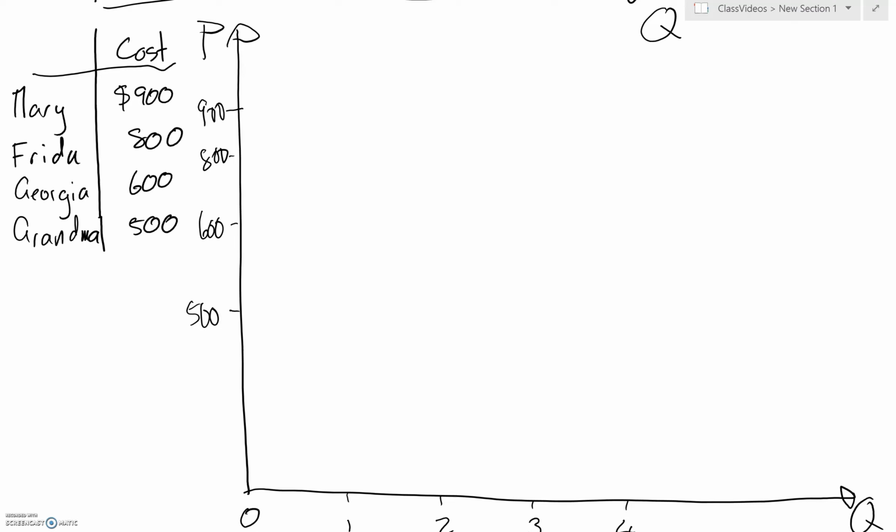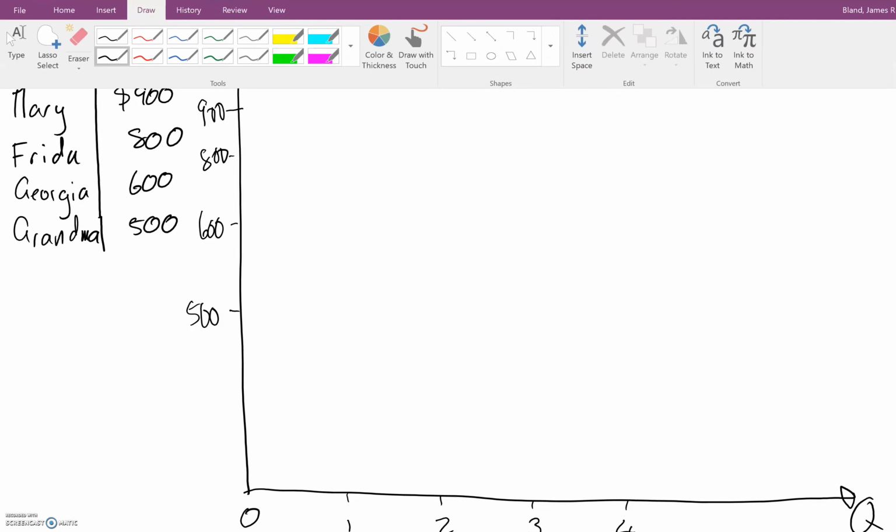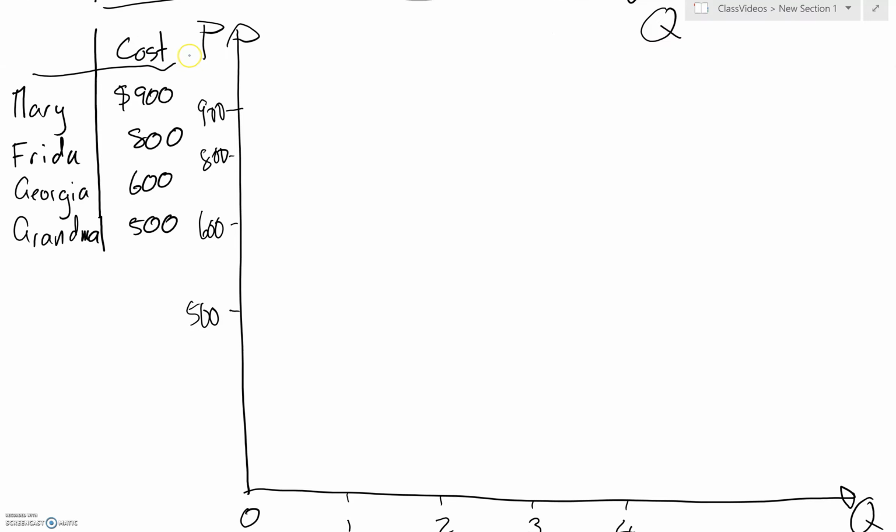Let's work out how much of things are being sold at each of these prices. Let's go into a different color here so you can see what I'm annotating. Okay, so at a price of something above $900, everyone is going to want to sell their item. How many people would sell their item if the price was above $900?